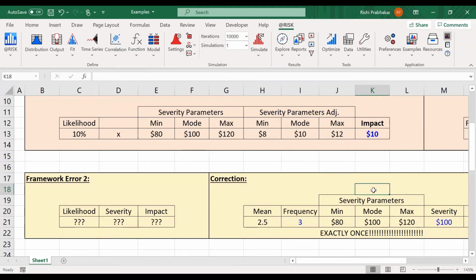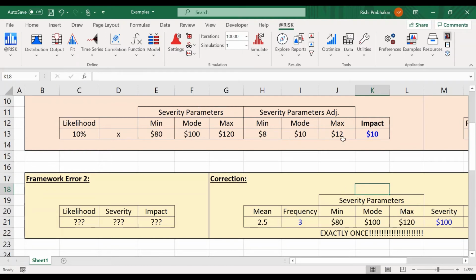You'll definitely have things like downtime figures for your machine breakdowns and so on. You absolutely will find it easier to model the consequence or severity of an event where it occurs exactly once than some range of number of times.